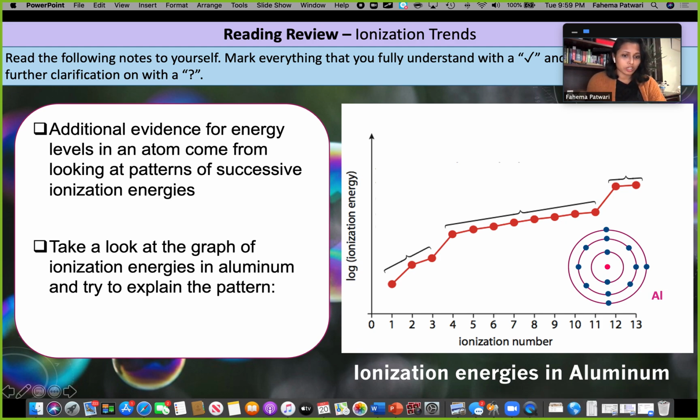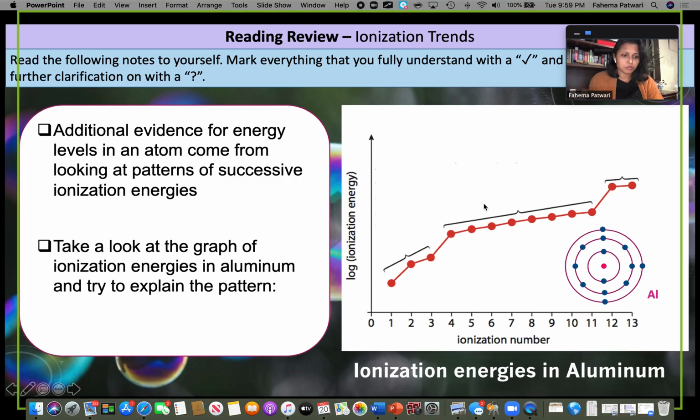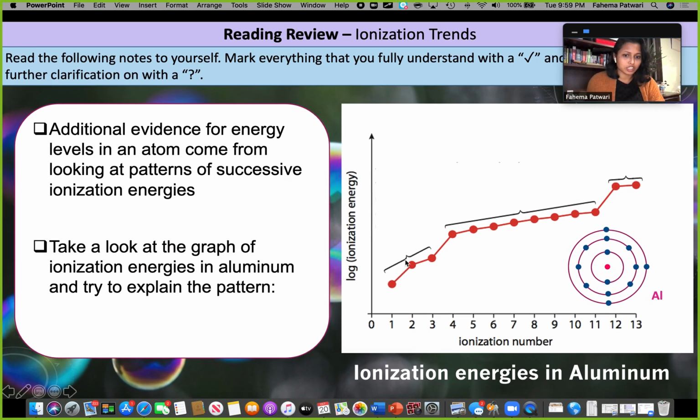So this is what we call successive ionization energies, right? So this is for aluminum because it has atomic number 13. Successive as in this is the energy for removing the first electron, then for the second, third, fourth, and so forth. So if we look at this, we can kind of figure out a pattern.